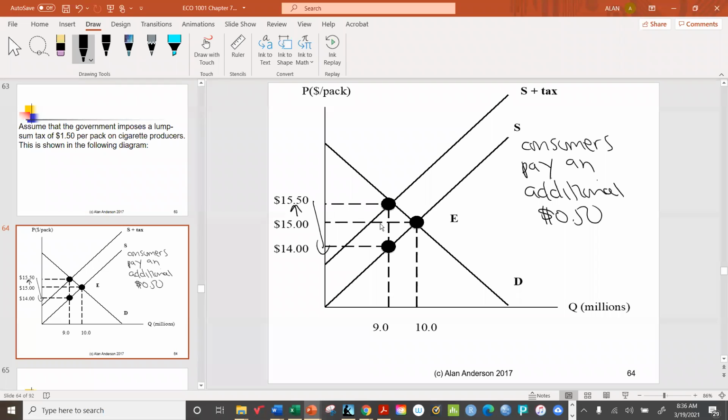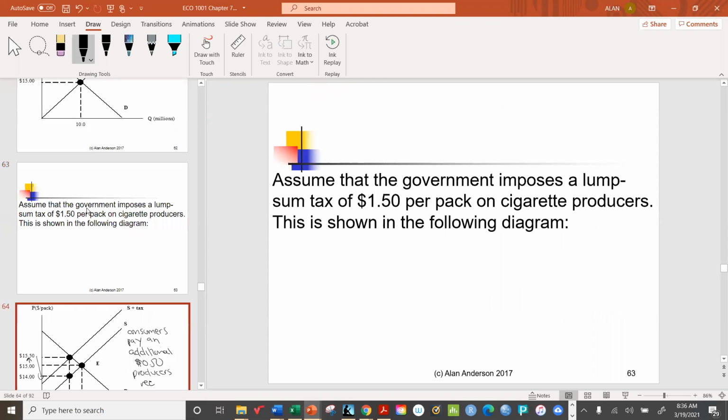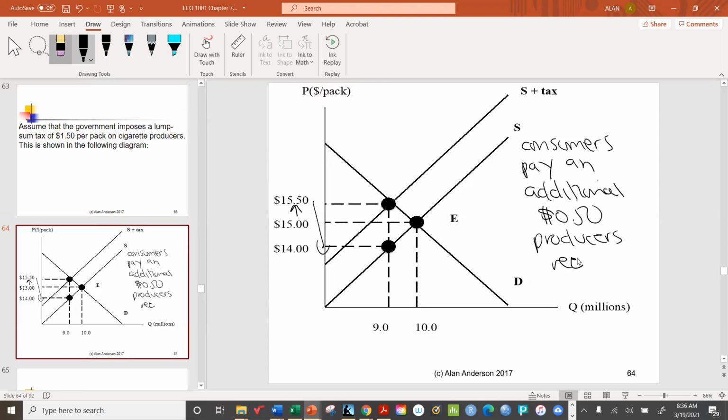In other words, the amount they're actually collecting from each cigarette pack is down by $1. So producers receive $1 less per pack. So both sides are worse off than they were before.